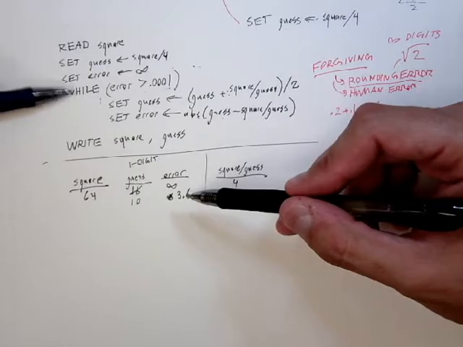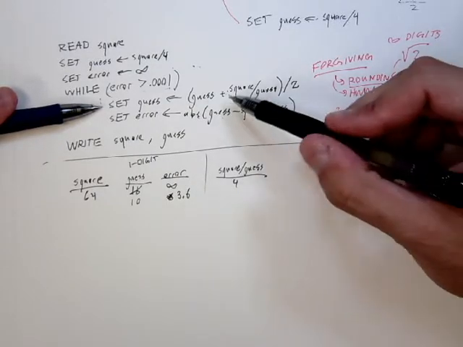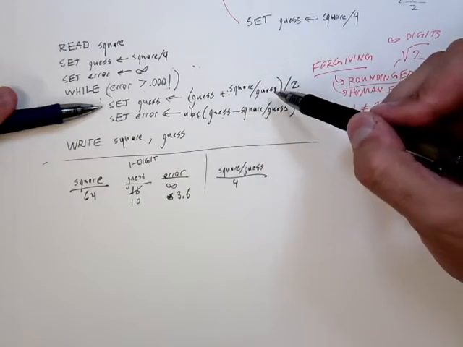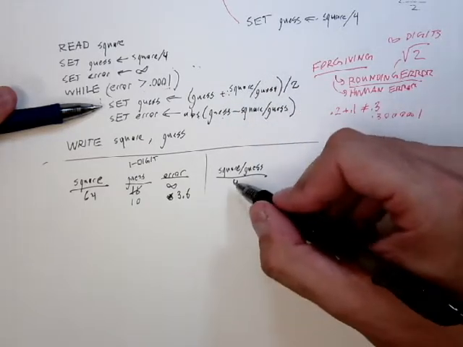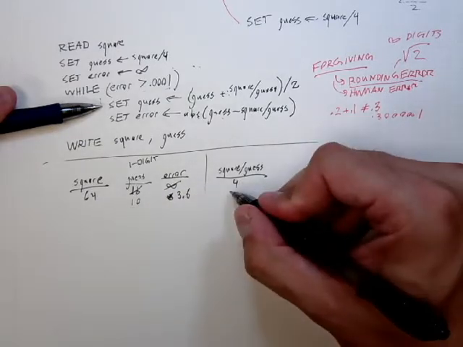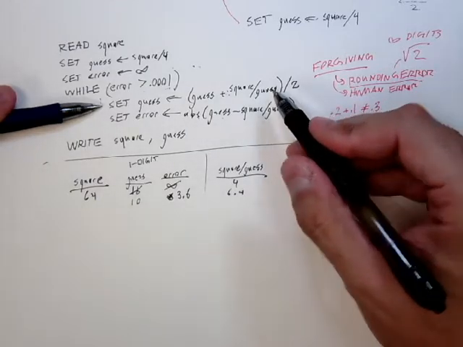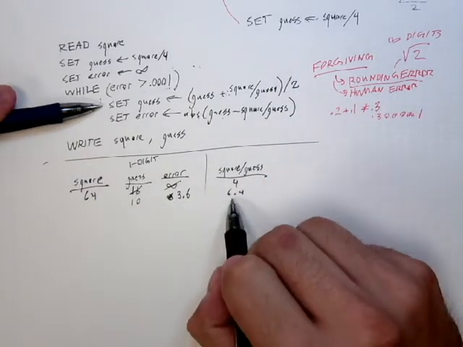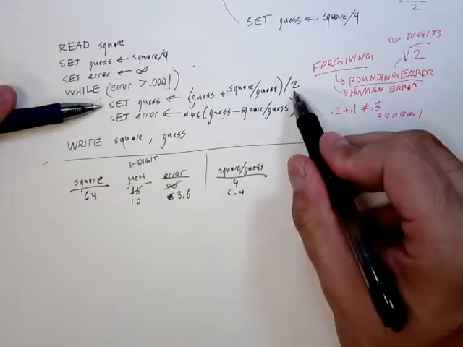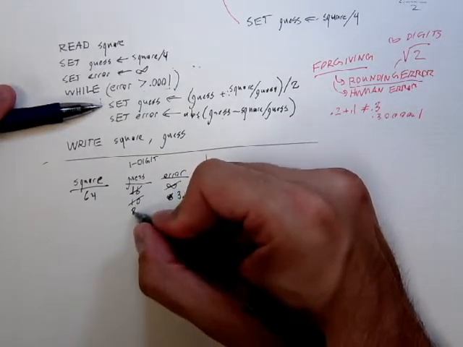And the answer is no. So I'm going to update my guess. So I'm going to say guess equals guess plus square over guess. So square over guess now is 6.4. And so guess plus square over guess is 16.4 divided by 2. This is 8.2.